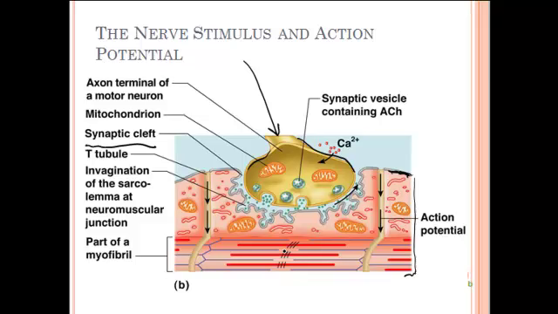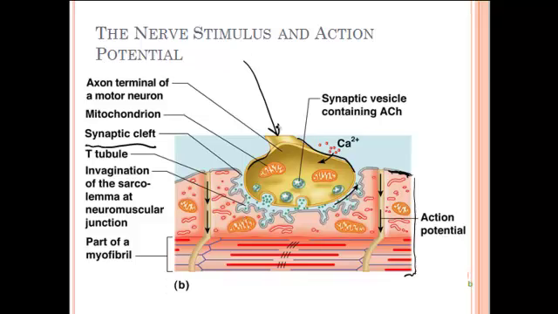So this nervous signal, this electrical signal of the nervous system here in the axon terminal, is turned into a chemical signal. And we have something called a neurotransmitter, a small chemical which goes across the synaptic cleft from the axon terminal to the muscle fiber.